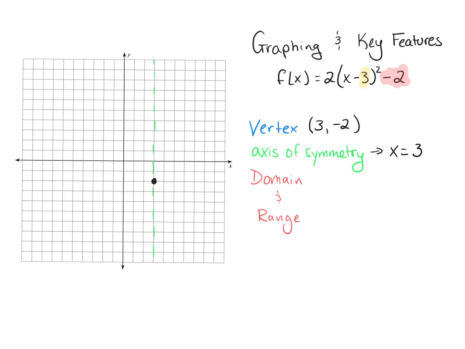So if I plug in 2 for x, 2 times 2 minus 3 squared minus 2. 2 minus 3 is -1, so I have 2 times -1 squared minus 2. -1 squared is just 1. 1 times 2 is 2, so I have 2 minus 2 equals 0. Okay, so I plugged in the value of 2 for my x, and I got 0 as my y.